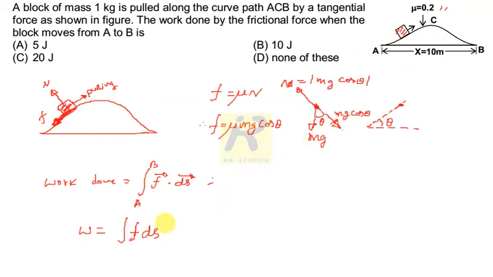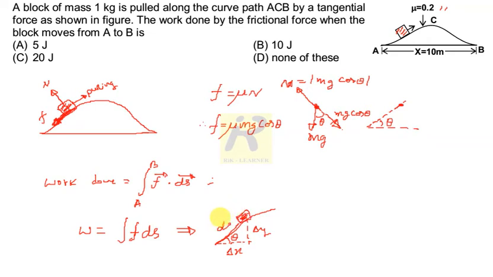Now, if the block appears somewhere on the curve, this will make an angle theta with the horizontal. This one is the vertical displacement, this one is the horizontal displacement, and this is the hypotenuse, the instantaneous displacement along the curved path.